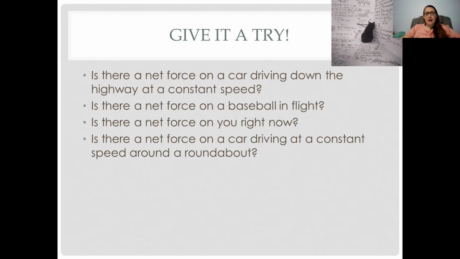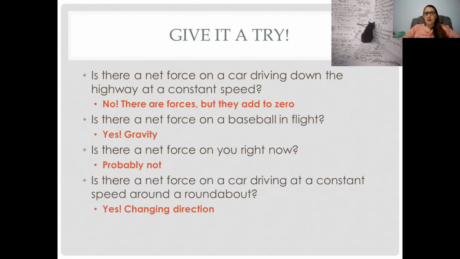So if you're driving down the highway in a straight line at a constant speed, is there a net force acting on you? Well, no, there's not. There are forces acting on you, right? Gravity is still there. There's the force of the road holding you up. That's the normal force. But since you're going at a constant speed, that means there's no acceleration, and so all of these forces are balanced out by another force.